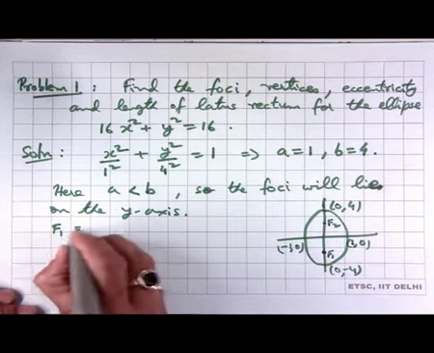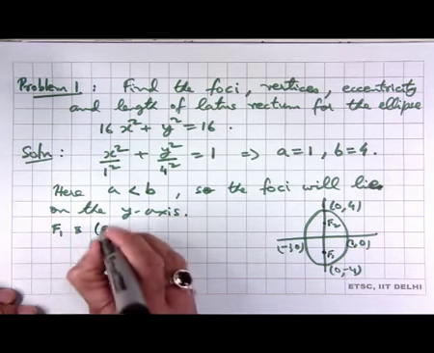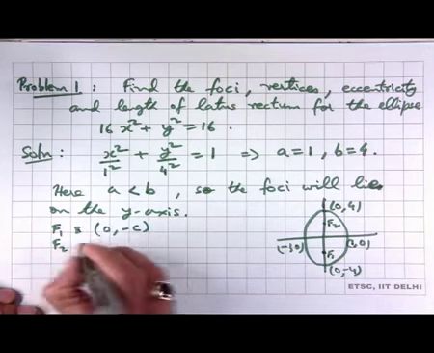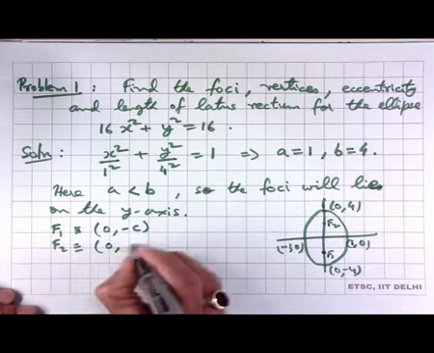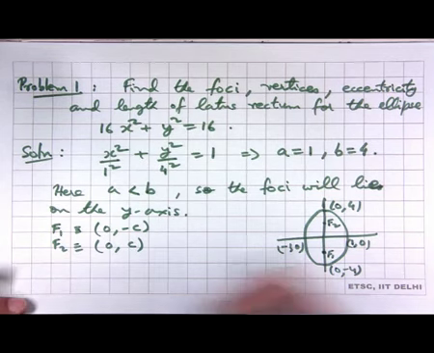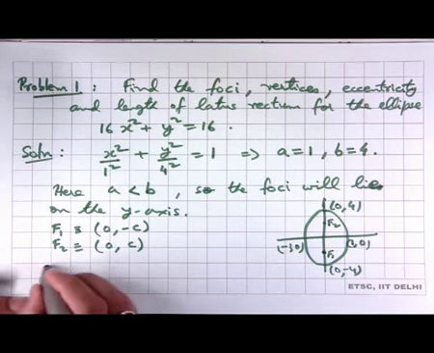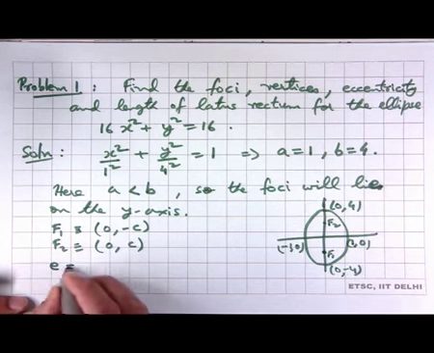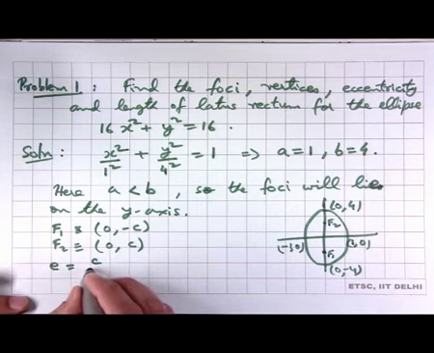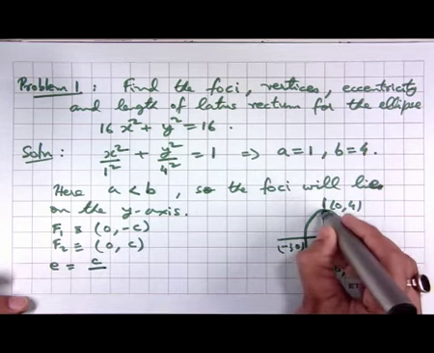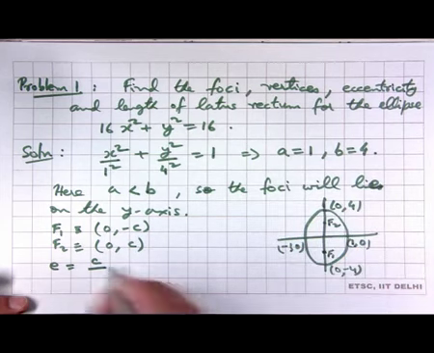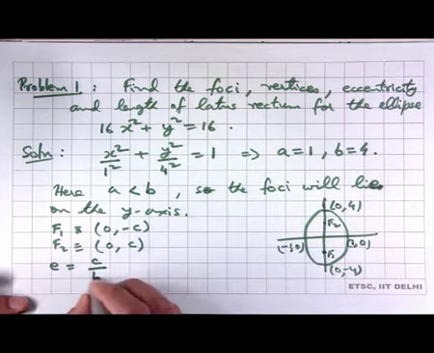F1 is (0, minus c), F2 is (0, c), and eccentricity in this case e will be the ratio of c over, here the major axis is the y axis, so c over b, right.